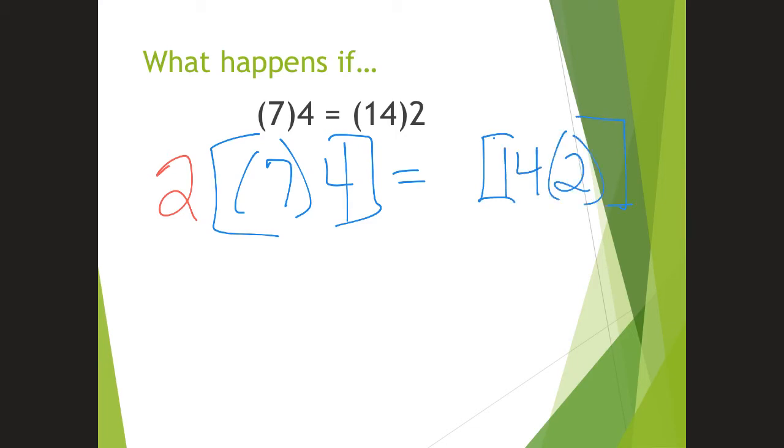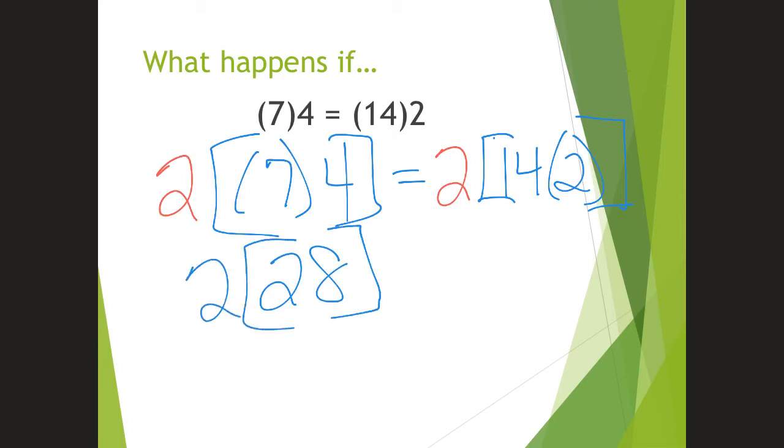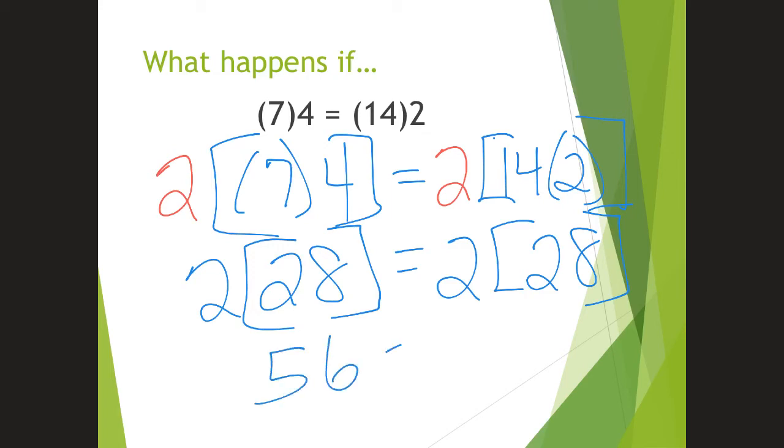And I'm using brackets just so you can see where I have parentheses. So remember, we start with our innermost parentheses. So 7 times 4 gives me 28. Taking the other side, 14 times 2 still gives me 28. Now multiply times 2, which gives me 56, which equals 56.